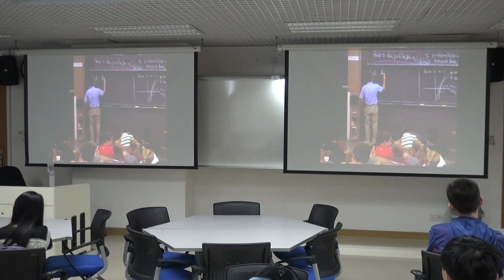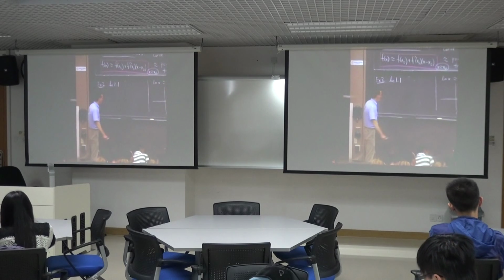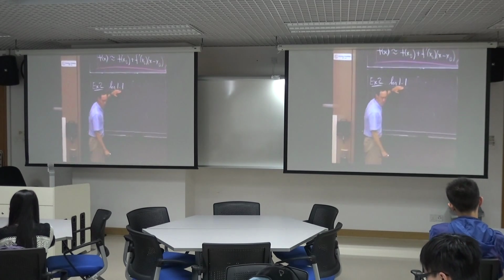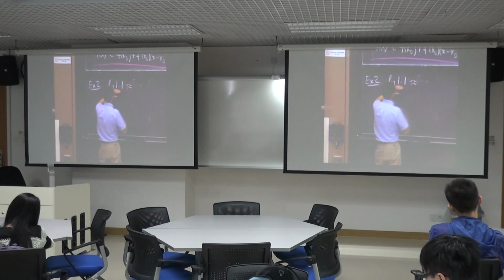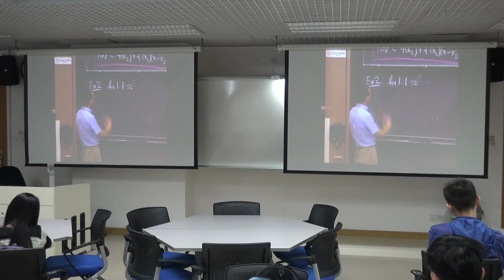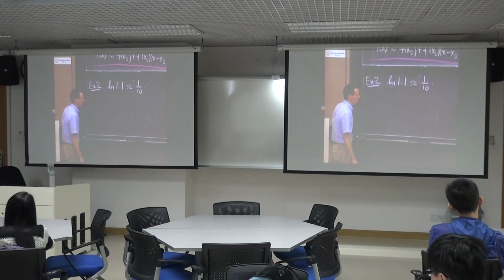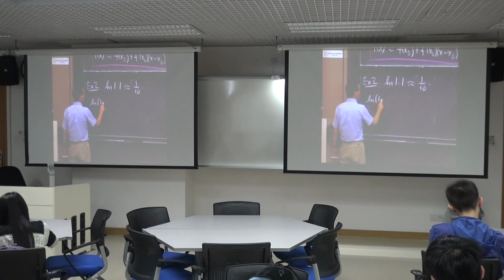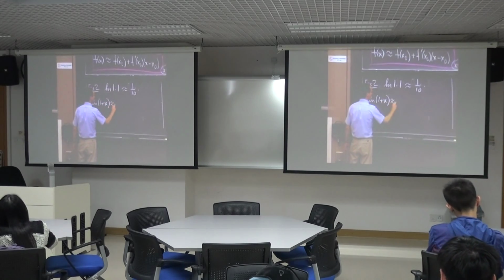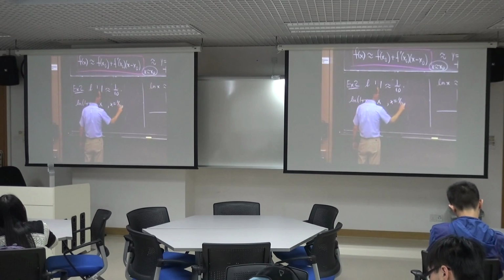So let's just take the logarithm of 1.1. I claim that according to our rules, I can glance at this and immediately see that it's approximately a tenth. So what did I use here? I used that the log of 1 plus x is approximately x, and the value of x that I used was a tenth.